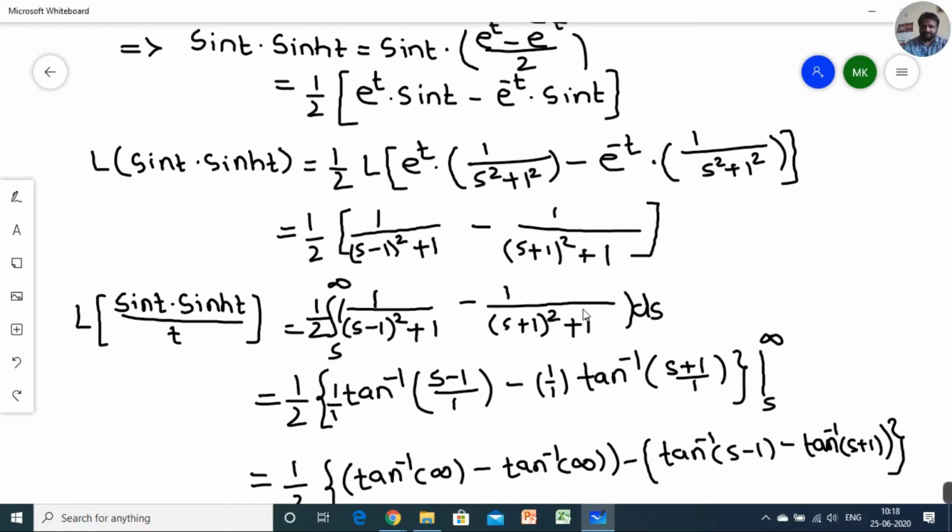We just substituted it here and integrated that function using the basic integration formula, integral 1 upon x square plus a square into dx, which is equal to 1 by a tan inverse of x by a. We just use that concept only.